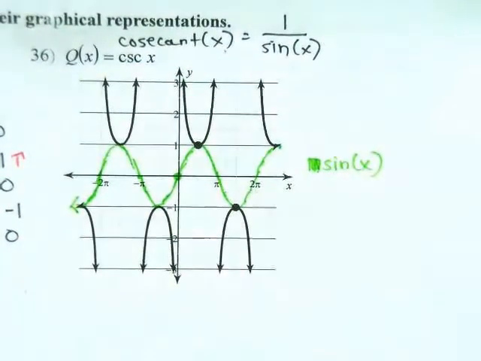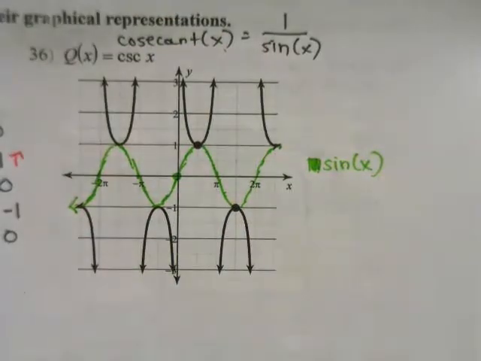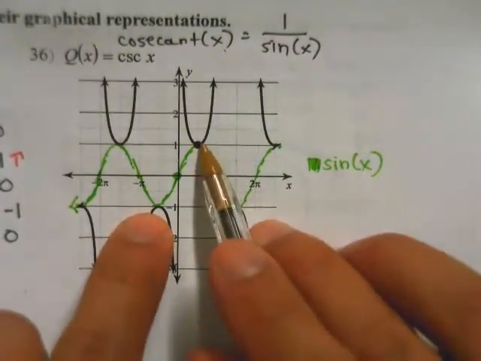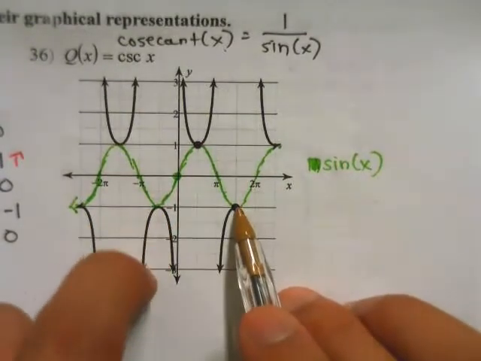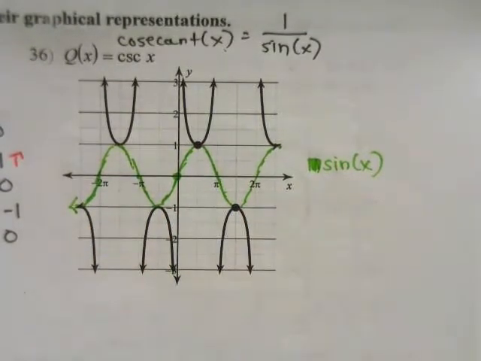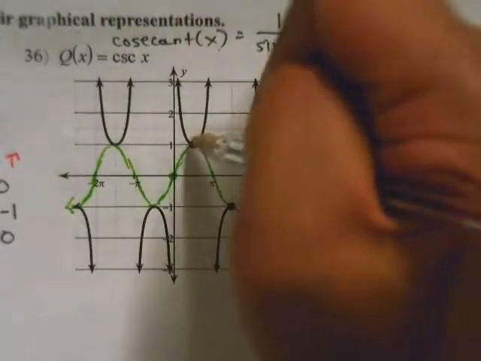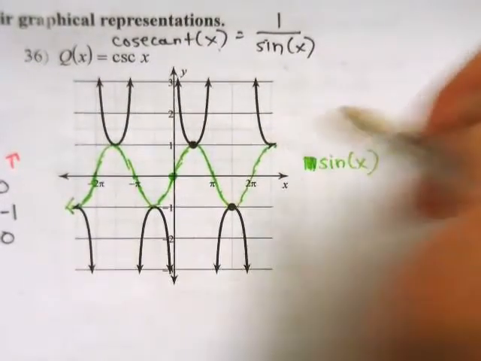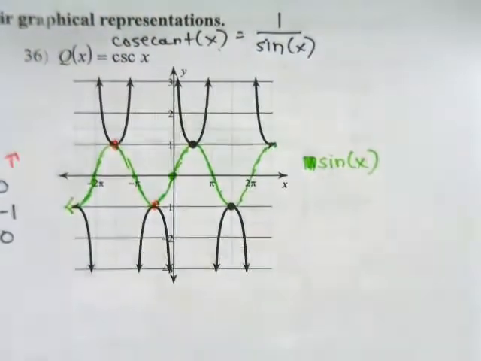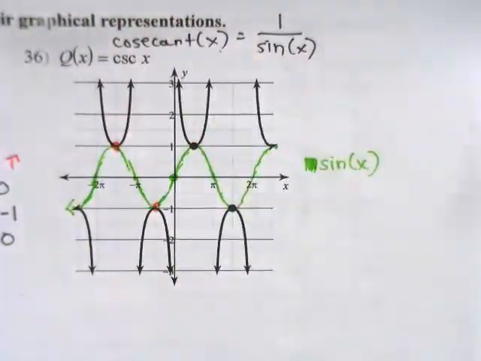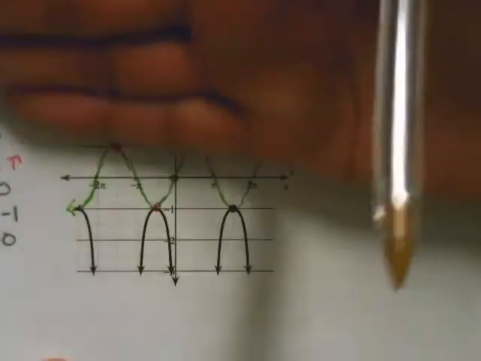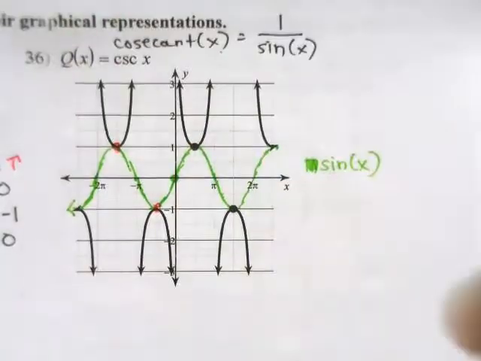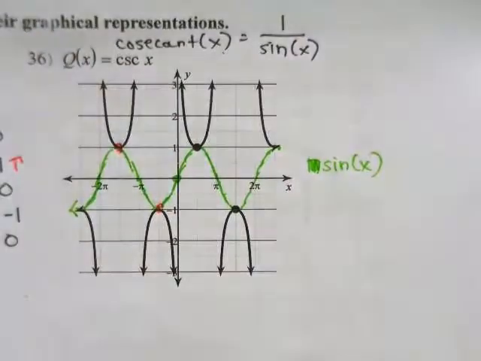Okay, so the cool thing is that on these hills and valleys right over here, that's your starting points for your cosecant. Okay, so over here, here, here, and here. They're also oscillating in a sense that we have some face-up functions and face-down functions as well.